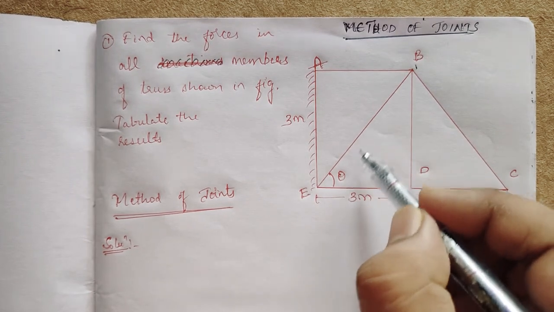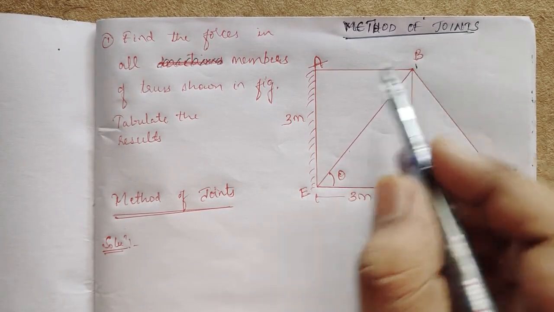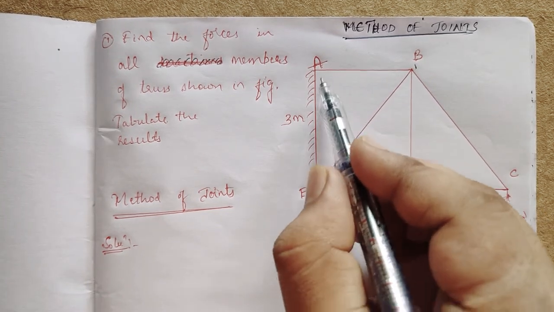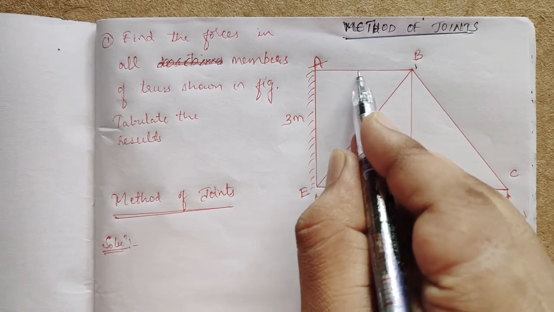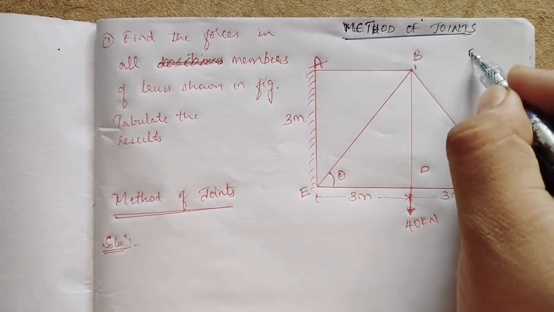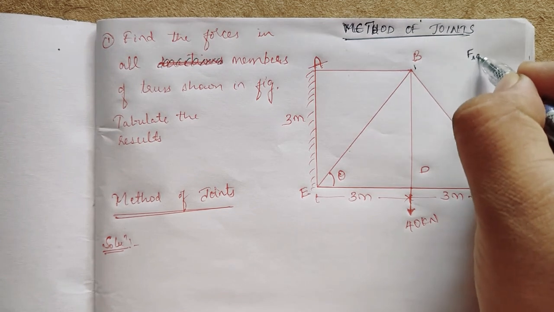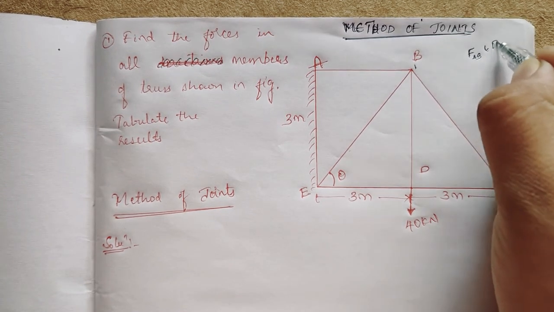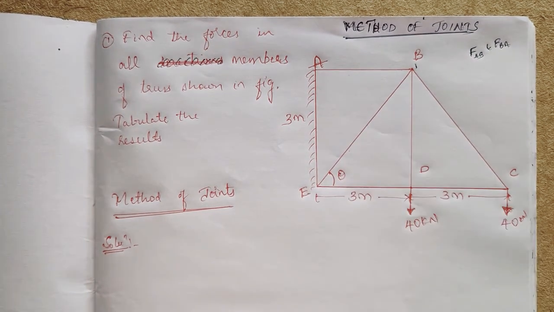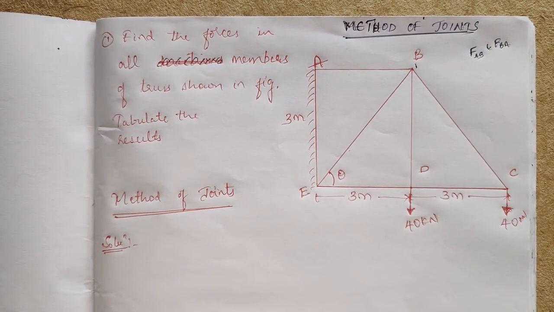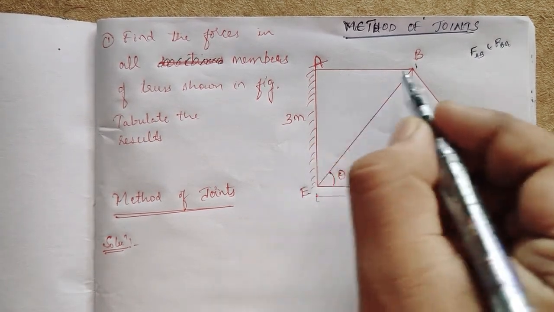So forces are in these members. If this is a member AB, there are two forces, FAB and FBA. Here F represents force. So in this member we have two forces, FAB and FBA. What may be the direction?